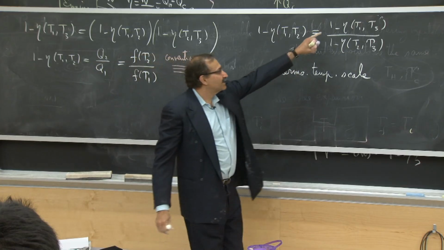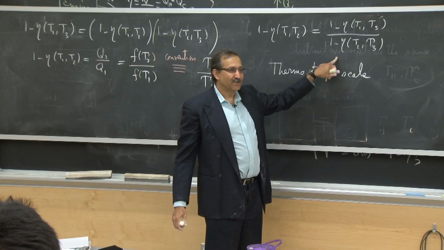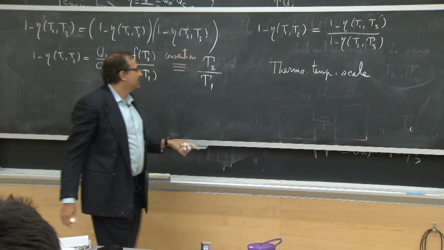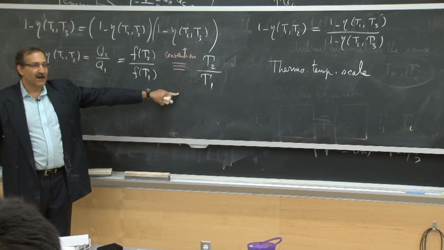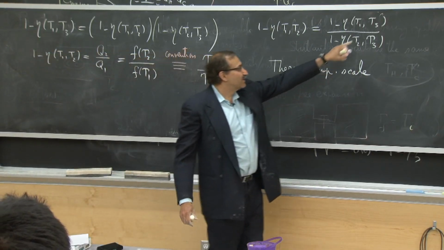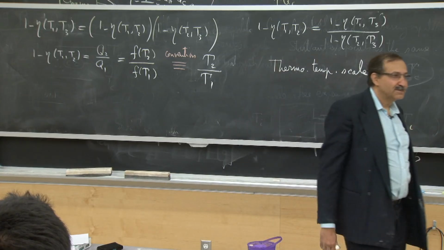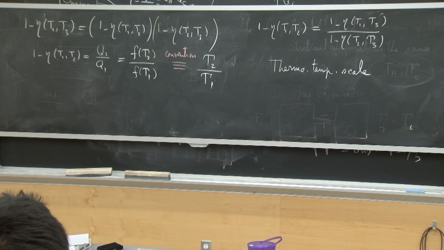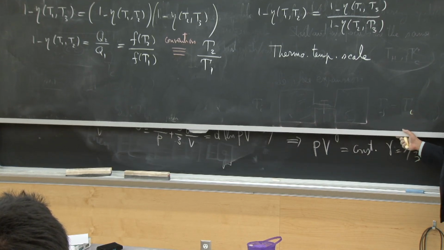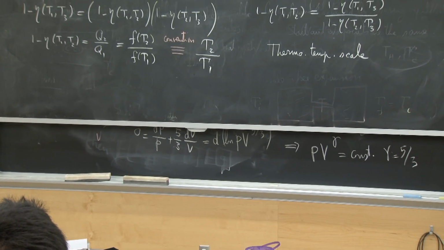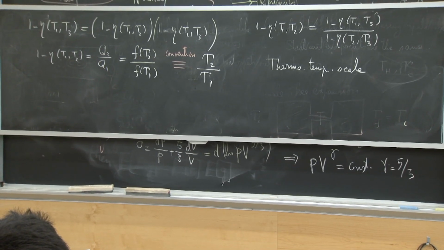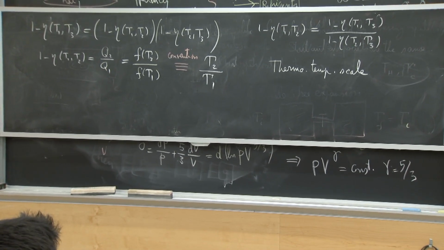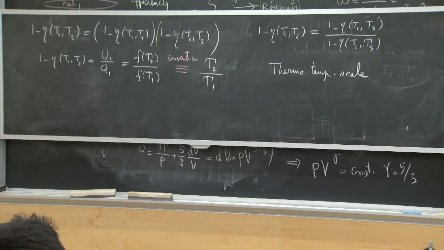The right-hand side is the ratio of two functional forms involving t1 and t2 precisely as you have over here, as long as you regard t3 to be some arbitrary parameter or constant. Okay? So that's the proof. All right? Unfortunately, it's like doing magic. Once you reveal the trick, it becomes not so interesting.